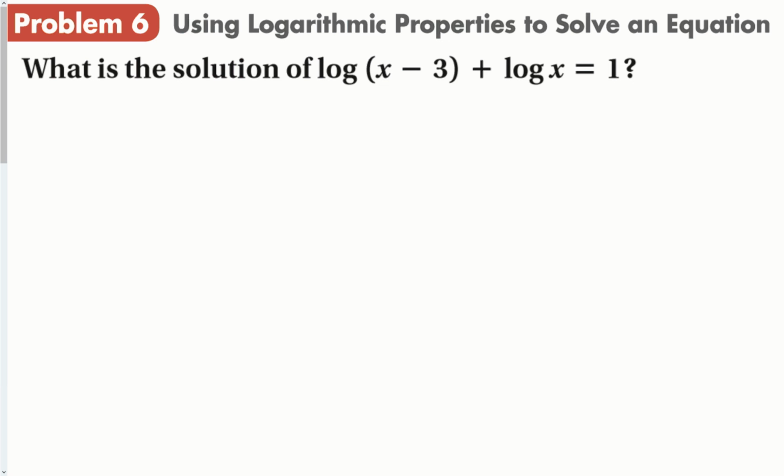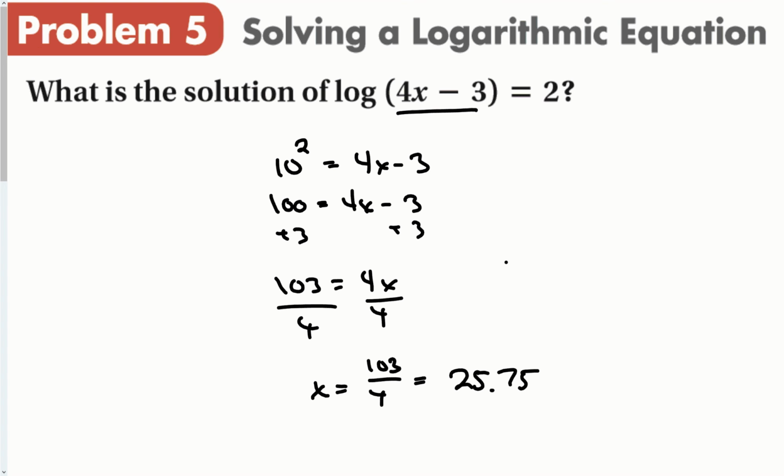Now, if you have two logarithms equal to a number, you have to combine them first. So you can't actually solve this the way it is. We have to use the properties that we learned in the last section and put these two logarithms together into one, and then do this.